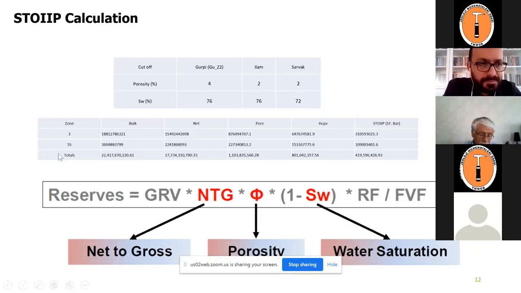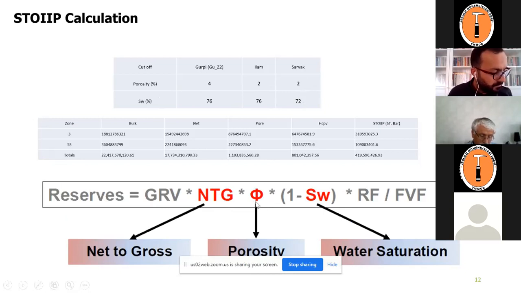And after that, based on this equation, gross rock volume multiplied by NTG, it means net to gross thickness. Net to gross thickness is a property made using some cutoff for porosity and SW, and it comes from some analysis.